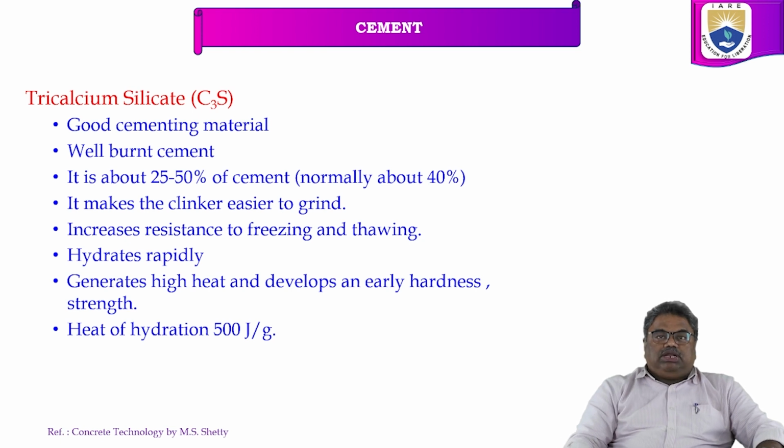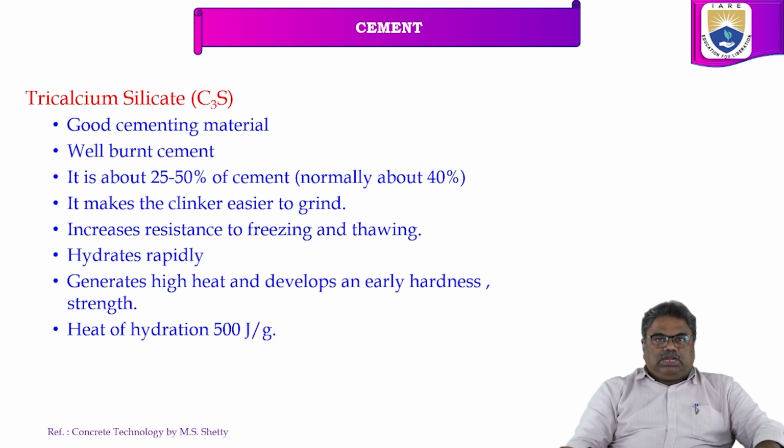Tricalcium silicate, C3S. This tricalcium silicate is a good cementing material in well burnt cement. It is about 25 to 50% of the cement, normally around 40%.